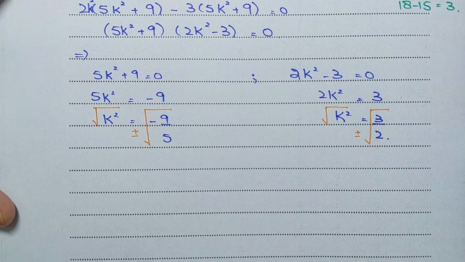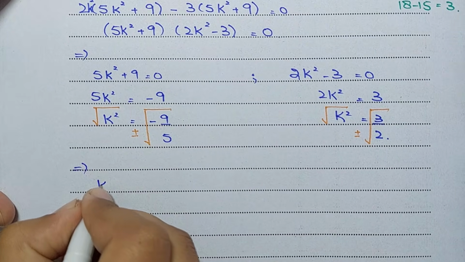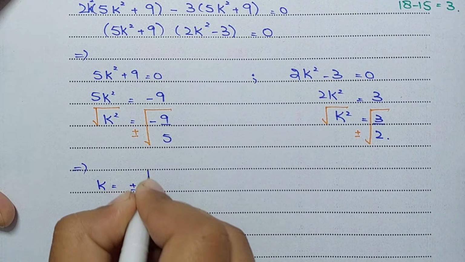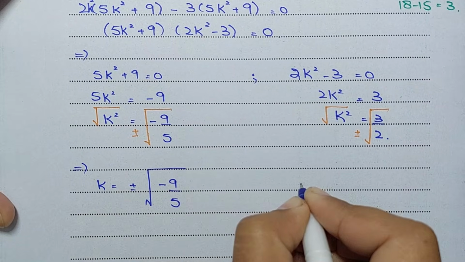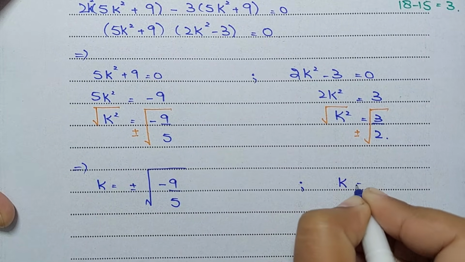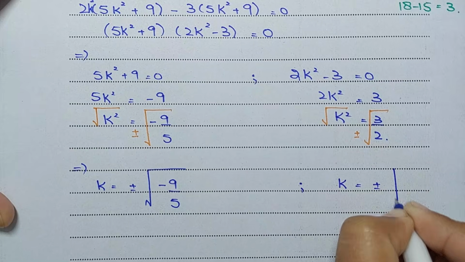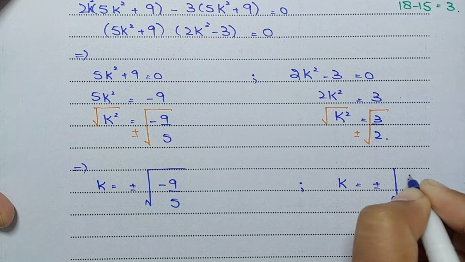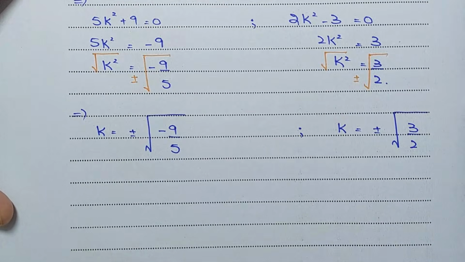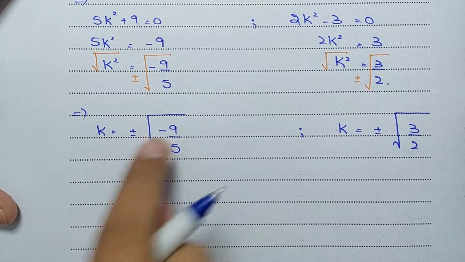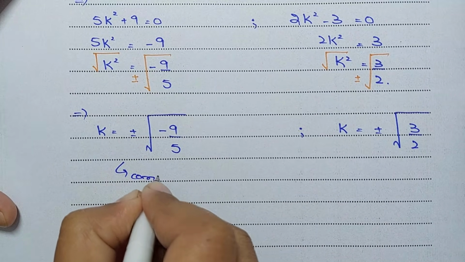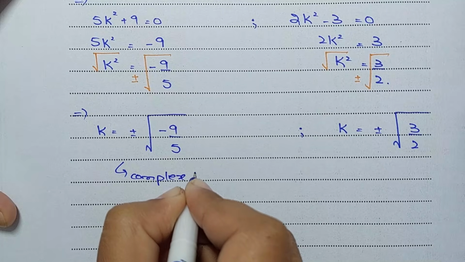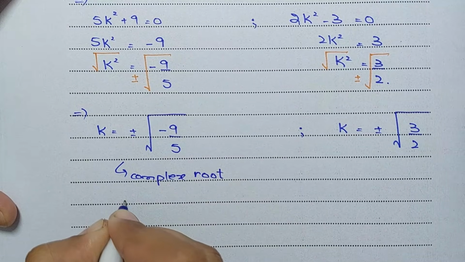Okay, so here you will get k equals plus minus square root of negative 9 over 5. And on the other hand, here k would be equals to plus minus square root of 3 by 2. Whenever we have a negative number in a square root, you will get complex roots, or here you can say no solution.